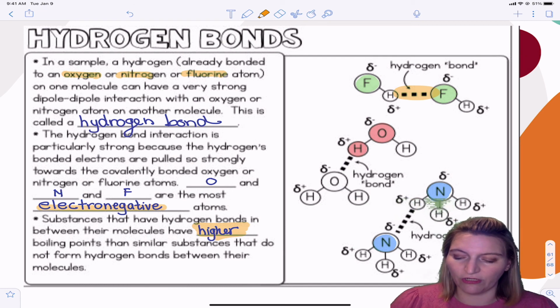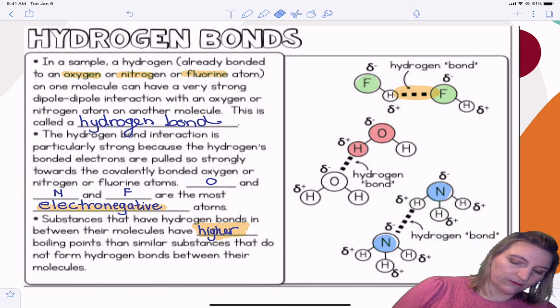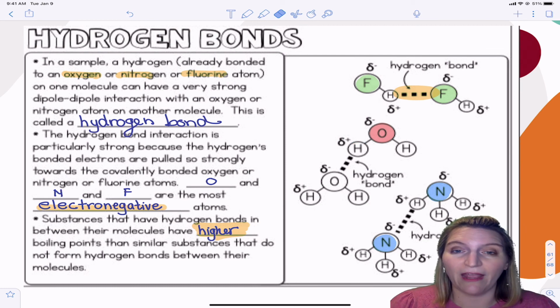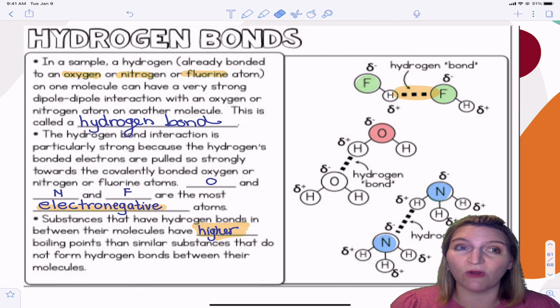Because hydrogen is so small and those three elements are so electronegative, think of it like those electrons are only spending maybe 10% of their time around the hydrogen and almost all of their time around the oxygen, nitrogen, or fluorine.